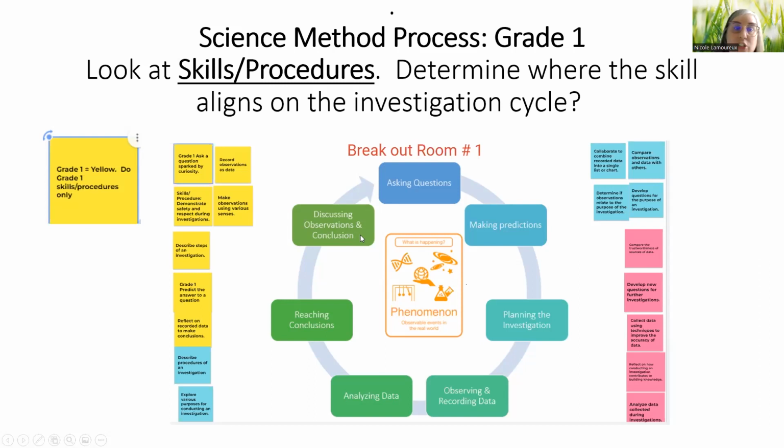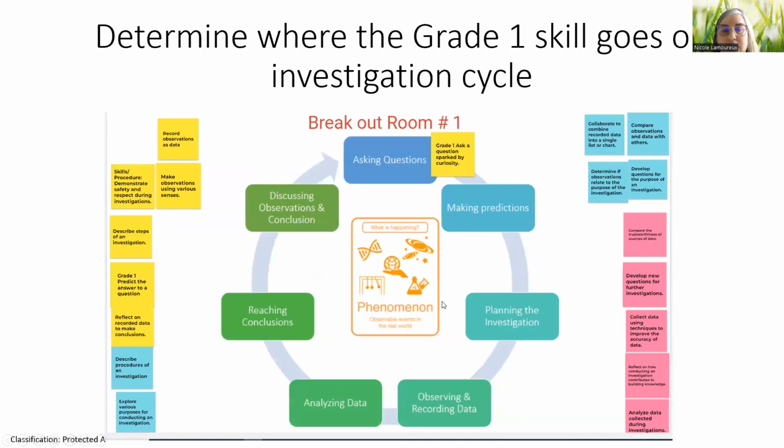You're just focusing on grade 1 only. You're going to look at the skills and go, for example, "ask a question sparked by curiosity." Where would I place that on the investigation cycle? Well, I think asking questions.